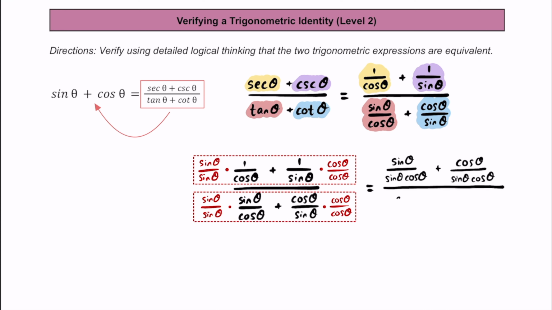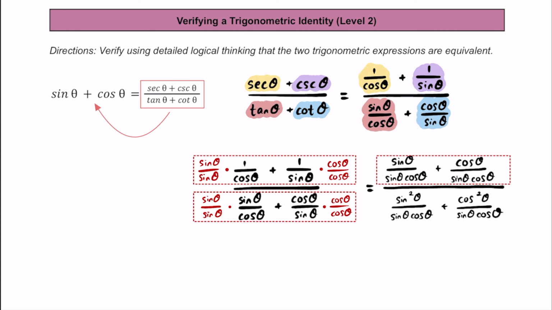So I'm going to write that as sine squared of theta on top of sine of theta times cosine of theta. And then when we multiply the cosine on top by cosine, that's going to be cosine squared of theta, and it's going to have the same denominator because that's what we were going for there. So it's going to be plus cosine squared of theta on top of sine of theta times cosine of theta.